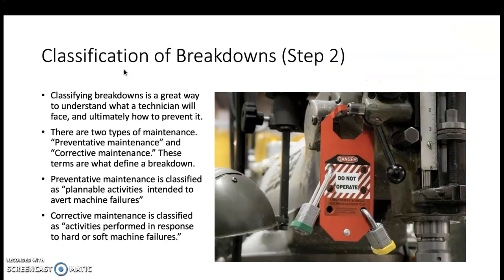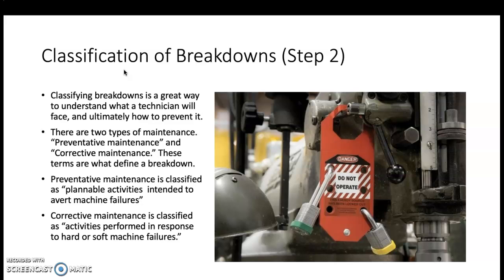Classifying breakdowns would be your second step. You figure out what is the cause of this breakdown and how can I prevent it with maintenance. So you've got two different types of maintenance: preventative maintenance, which is what we're talking about right now, and corrective maintenance, which is when you have to fix something.